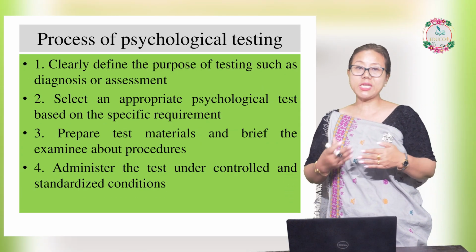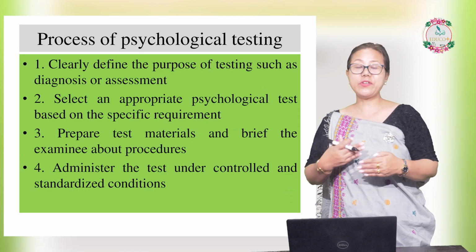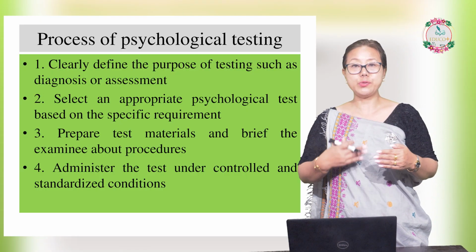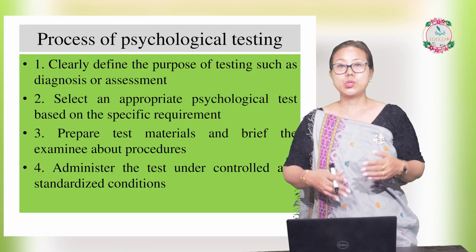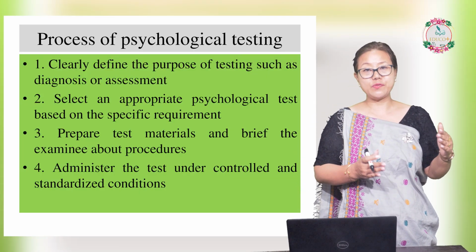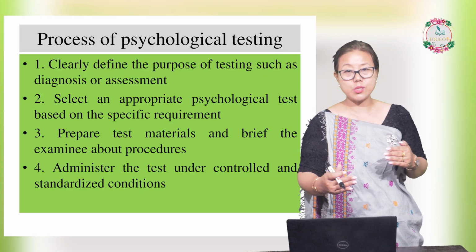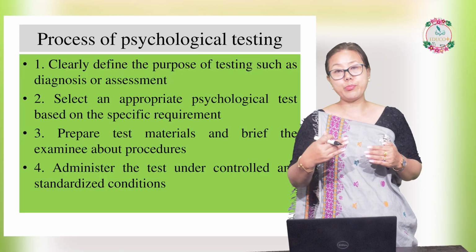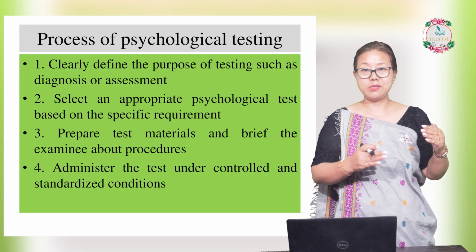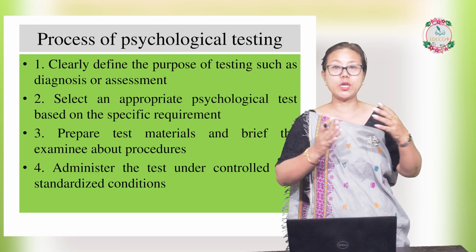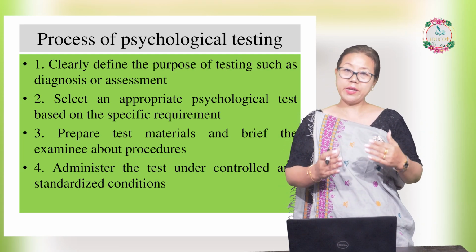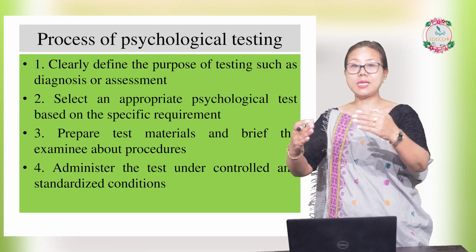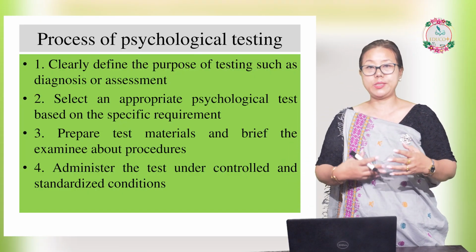The psychological test process involves several steps to ensure scientific accuracy and meaningful results. Clearly define the purpose of testing, such as diagnosis or assessment. Secondly, select an appropriate psychological test based on the specific requirement. Then prepare test materials and brief the examinee about the procedures.